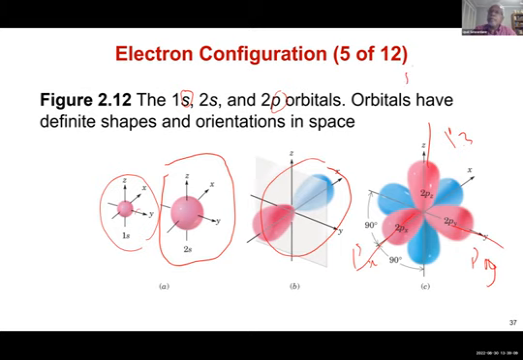We call them px, py, pz. What you are learning from here is this: electrons in an atom around the nucleus take up different wave shapes. One of the shapes is the s shape, spherical. The other one is the p shape. The p shape has three p orbitals.